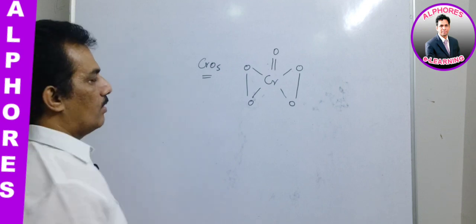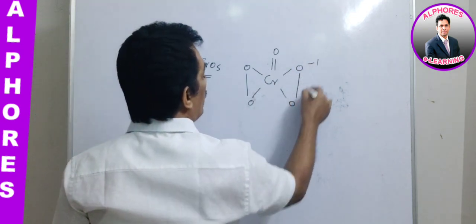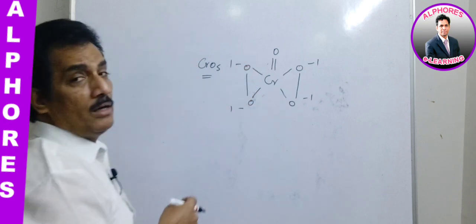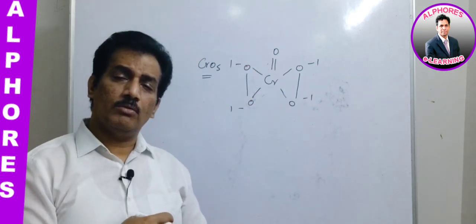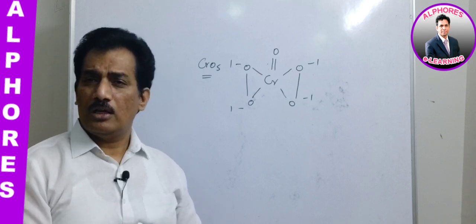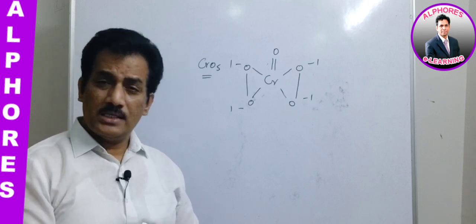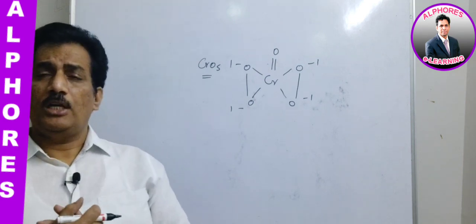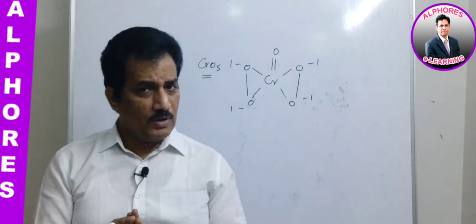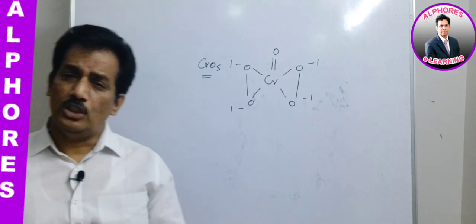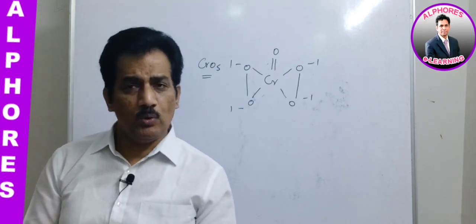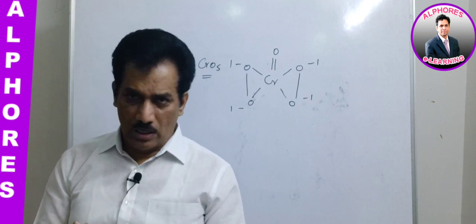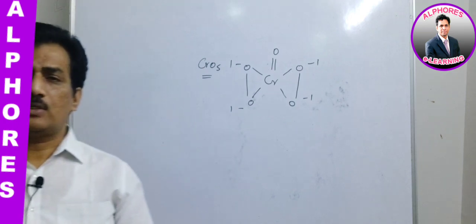Clear? And here 4 oxygen atoms are with -1 oxidation state, because we already know in peroxides what the oxidation state of oxygen will be. If you recall the previous session, we observed that oxygen is able to exhibit -2, -1, -1/2, 0, +1, +2 oxidation states. Is it not? And -2 is the normal oxide. And what about -1?